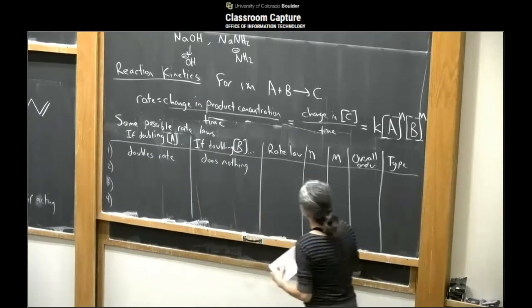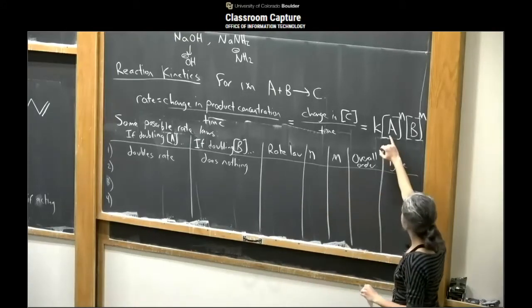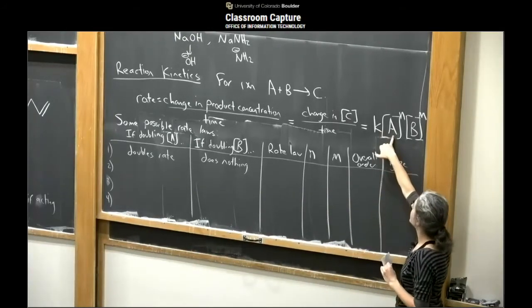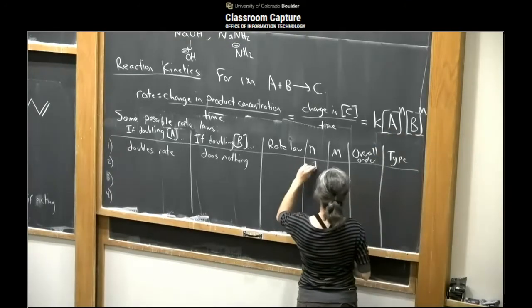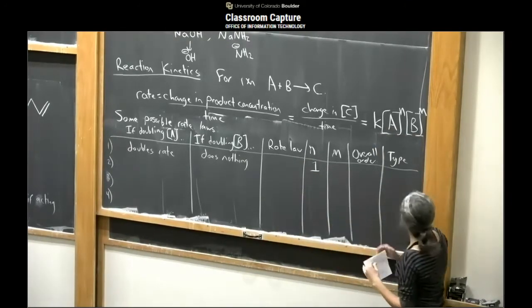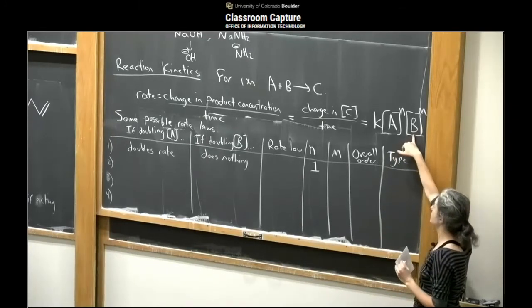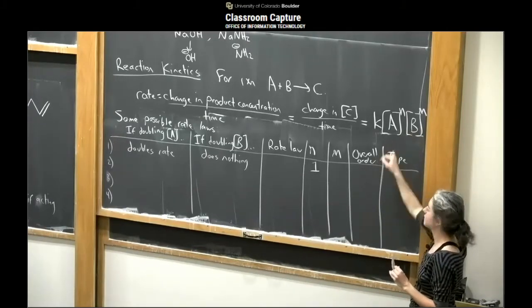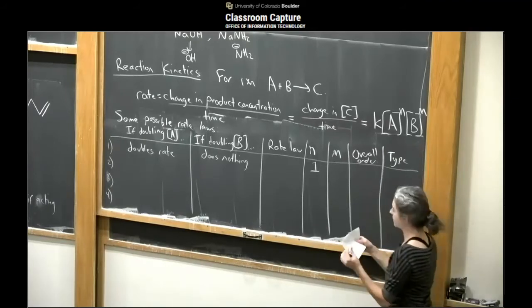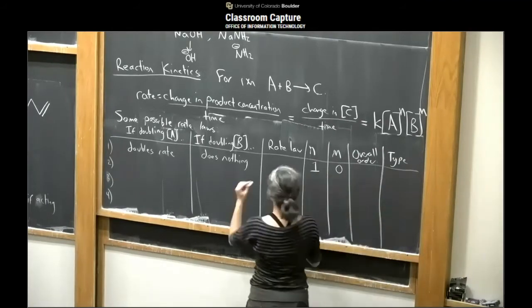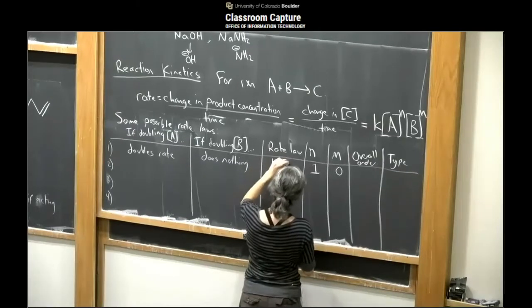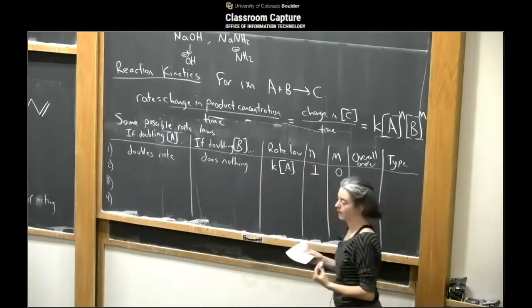Then we know that this is going to be proportionate to A to the first power, so N is going to be equal to 1. M is going to be equal to 0 because B straight up doesn't factor into the rate equation at all. So the rate law for this one would just be K times the concentration of A.